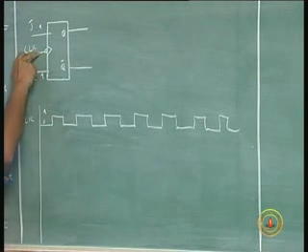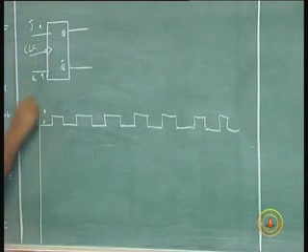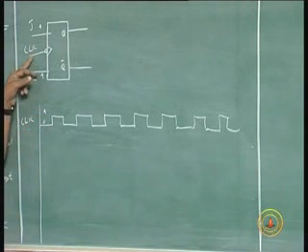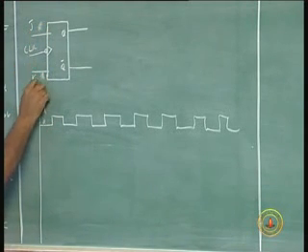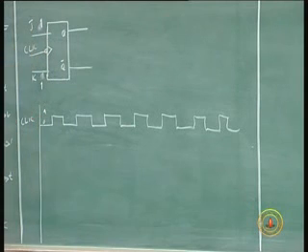I am giving this clock to this input. I am making J is equal to 1 and K is equal to 1. What is a 1? 1 is a 5 volts or a high level voltage. It could be 5, 3.3, whatever voltage you choose in your technology.